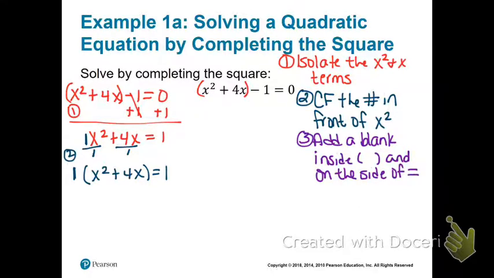Okay, now when we add in that parentheses, it's going to go after the x term, okay? So we're going to bring down our 1, parenthesis, x squared plus 4x plus a blank, close your parentheses, equals 1 plus a blank. Because remember, for an equation, whatever you add to one side, you have to add to the other to keep it equal.